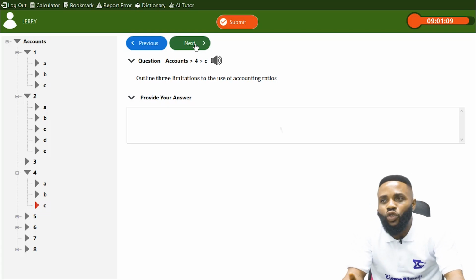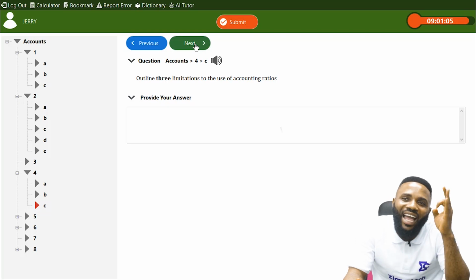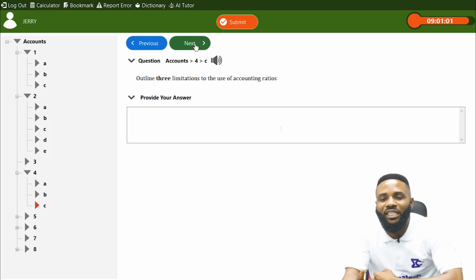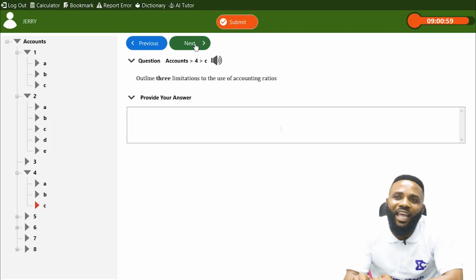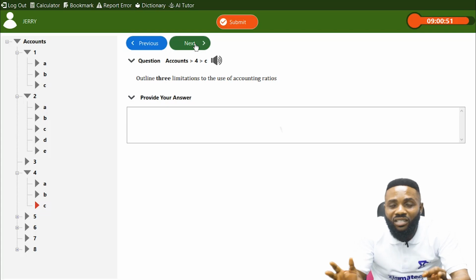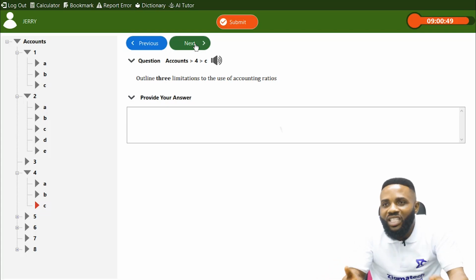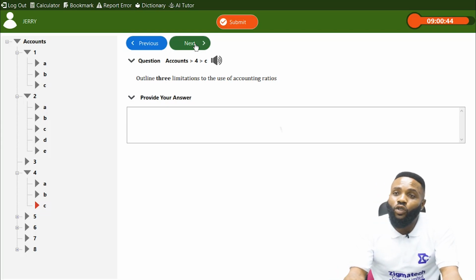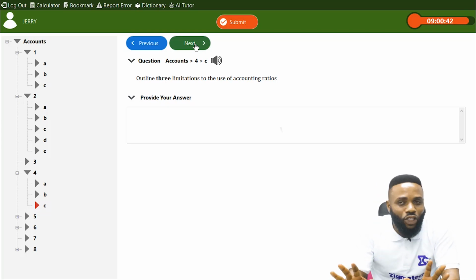Now, when you look at these two, one will charge depreciation at a very high rate from the beginning of the asset and a lesser depreciation towards the ending part of the asset, while the other one will charge equal depreciation all through. So you can see the discrepancies in the policies and methods. These will impede the decision of the company. It will be difficult. So you have seen that it is a limitation already.